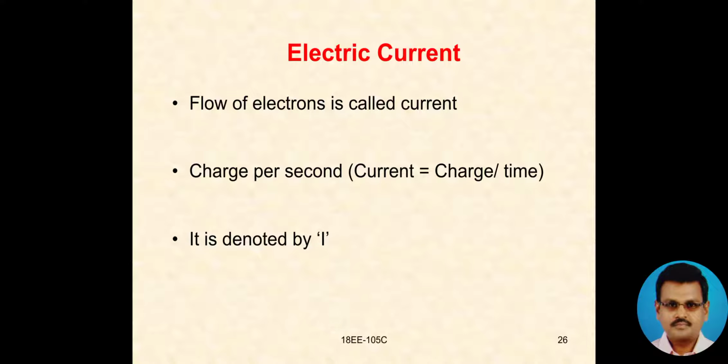Whenever the EMF applied is disconnected, or the battery is disconnected, or potential difference is zero, then there will be no flow of electrons, and there is no current. The unit for the current is ampere.